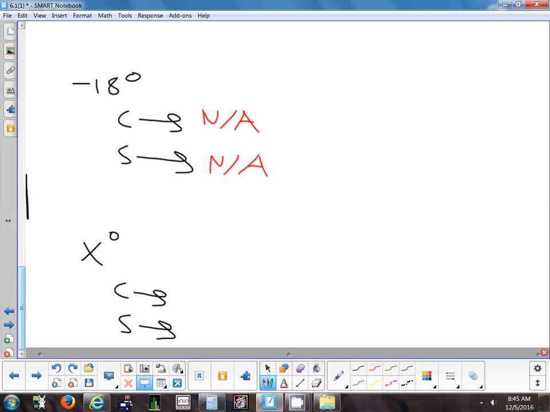Yeah, 90 minus x. It's like the formula. How do you find the complement? It's 90 minus your angle. And the supplement? Yeah, Allie? 180 minus x. It's 180 minus x. Okay, so any questions on finding complements and supplements?